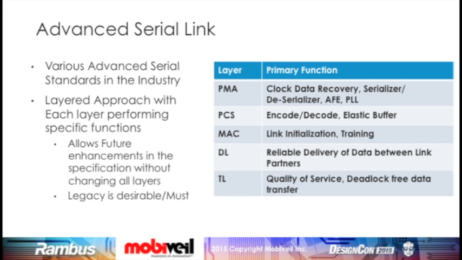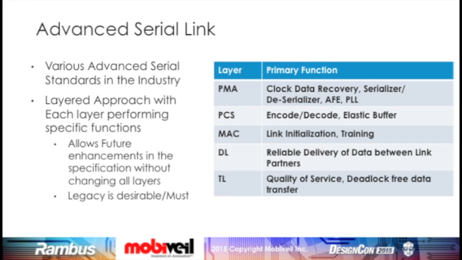And then you will also have an elastic buffer function there, because there will be PPM differences between the two link partners, and you want to make sure that you can manage the PPM differences without having issues with the protocol itself. Then you have the MAC layer, which is guaranteed delivery of the data.